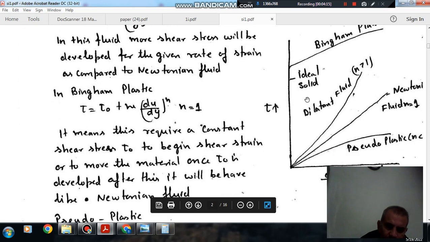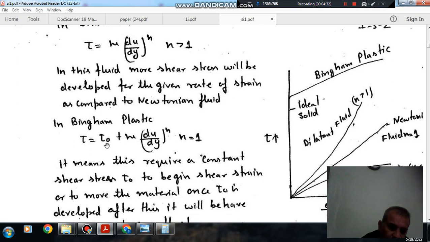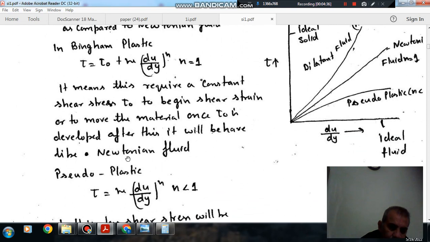And this is your Bingham plastic, and in Bingham plastic there is constant shear stress at no velocity of the fluid, and when a difference in velocity is generated, then the shear stress also increases. That is the constant, and this is where n is 1.